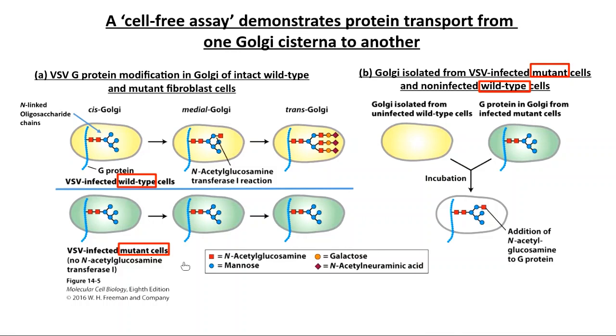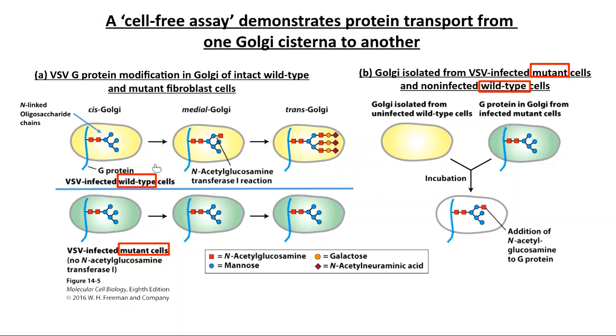Okay. So in this case, we have used the VSVG protein. There is the wild type VSVG infected wild type cells. We say infected because this is a viral protein, but these proteins get produced in the ER and go to the cell surface because these are surface proteins.